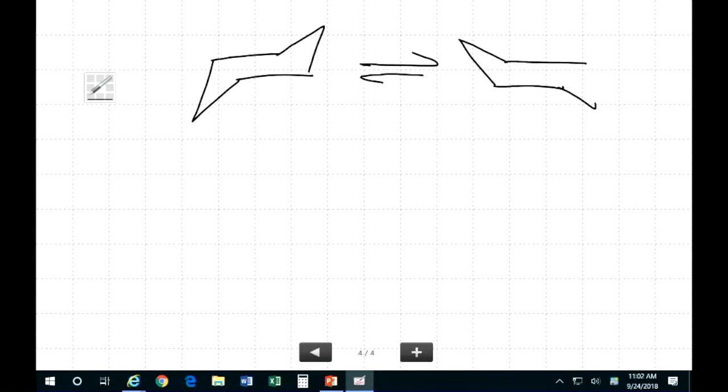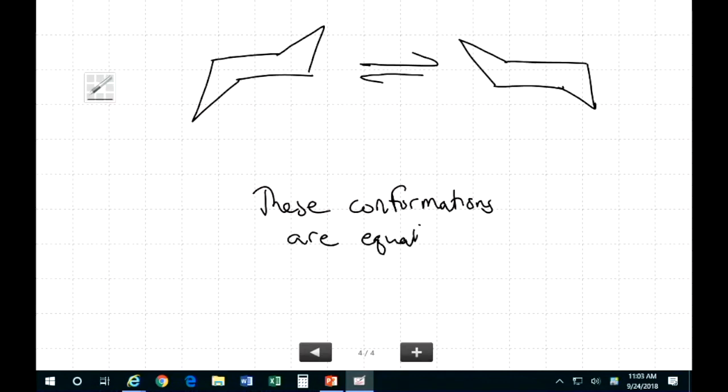Now, when you have no groups, when you just have cyclohexane and you do a ring flip, there's no preference. These two conformations are equally stable. One is not higher or lower in energy than the other.